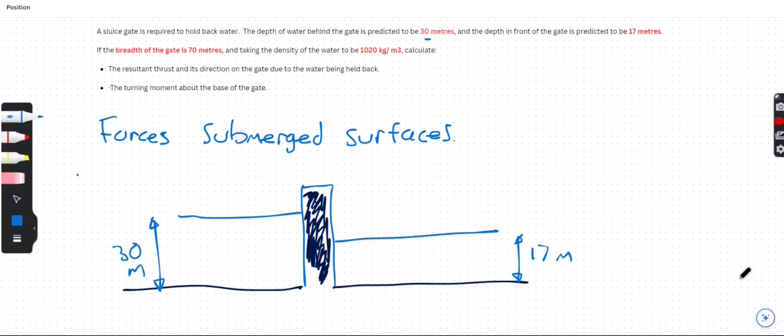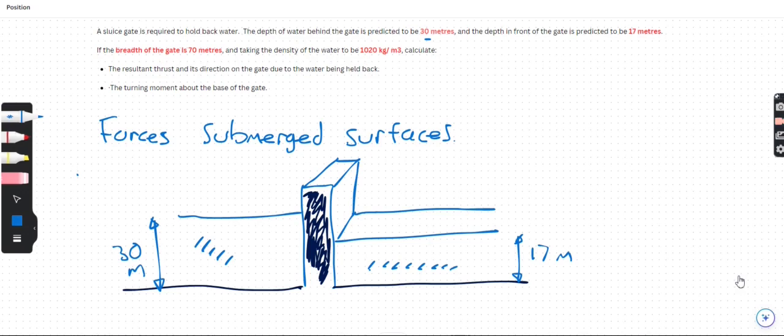And the breadth of the gate is a massive long gate. Just like we do with dams, the breadth of this big gate, so we've got a bit of 3D sketching going on here.